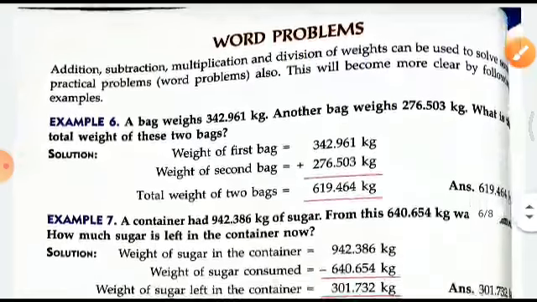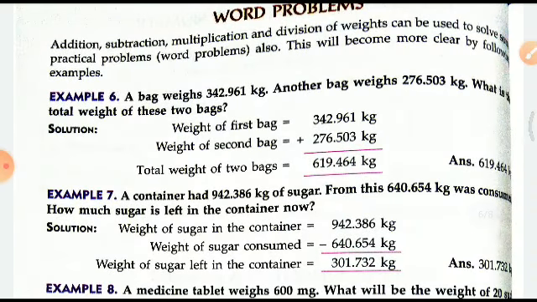And now we come to the word problem. Here you need to understand what kind of problem it is, because addition, subtraction, multiplication and division of weights can be used to solve these practical problems, word problems also. This will become more clear by the following example. A bag weighs 342.961 kg. Another bag weighs 276.503 kg. What is the total weight of these two bags?